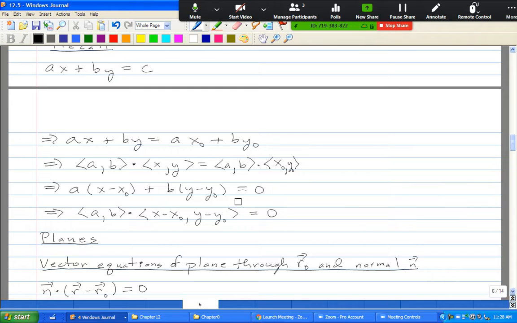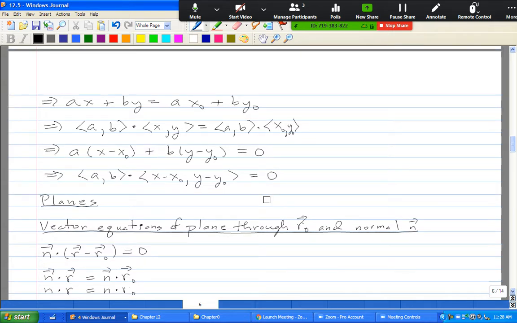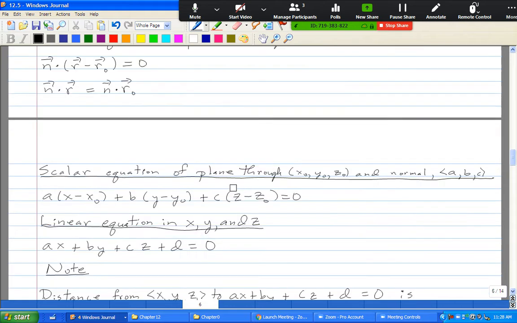So this equation is analogous to the scalar equation of the plane through x0, y0, z0 with normal a, b, c. So it's just a times (x minus x0) plus b times (y minus y0) plus c times (z minus z0) equaling 0.